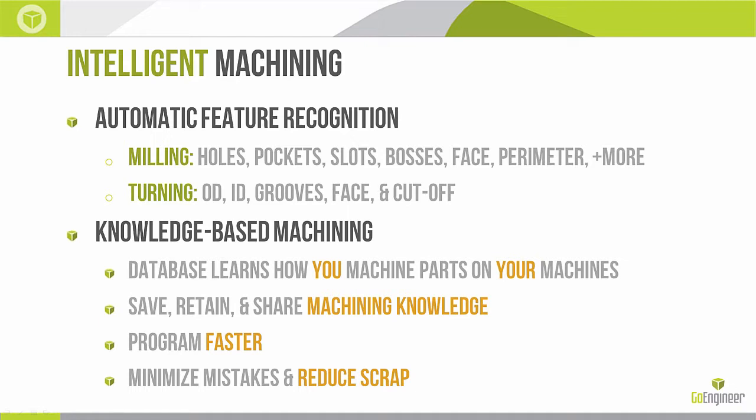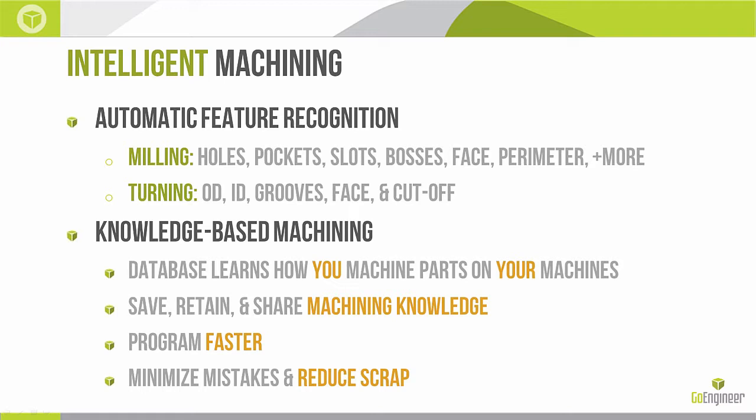So when it comes to milling, SolidWorks CAM is going to try to automatically identify 2.5 axis features, flat bottom stuff, things like holes, pockets, slots, bosses, etc. When it comes to turning, it's going to find things like the OD profile and the ID profile, the face and the cutoff, and some grooves. That's level 1 of the intelligence.